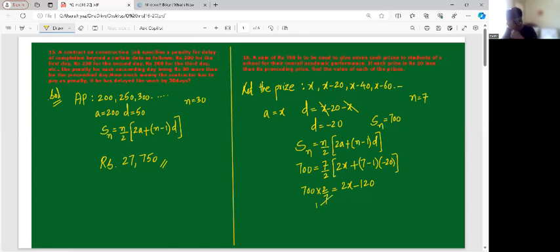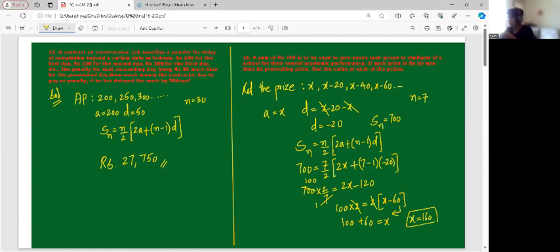Here we take 2 common: 100 is equal to x minus 60. So x minus 60 is equal to 100, and the first cash prize is 160 rupees.